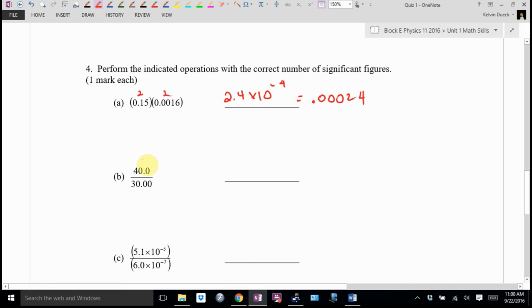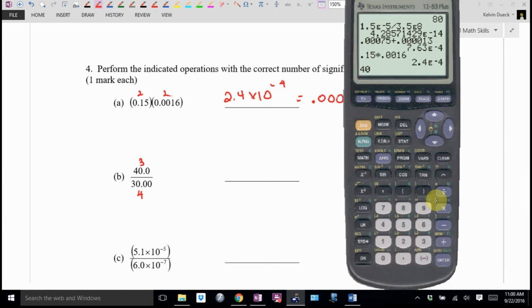How many sig figs is that 40.0? 3. How many sig figs is the 30.00? 4. I'm going to go to 3 sig figs. 40 divided by 30. I didn't type the point zeros on my calculator. That's a waste of time. 3 sig figs is going to be, yeah. I just wrote the little repeating sign.